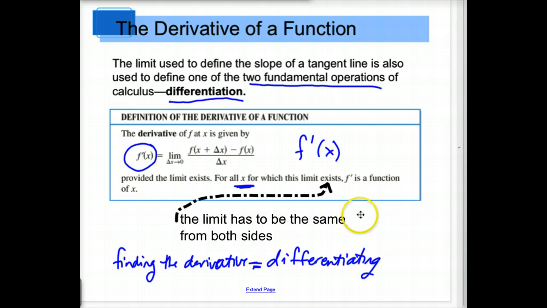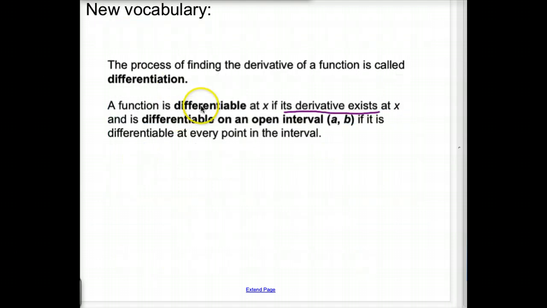All right, so we're going to find a derivative, which is really just finding the slope of the tangent line using this limit definition. The process of finding the derivative of a function is called differentiation. A function is differentiable, so that means you can find the derivative at x, if its derivative exists.